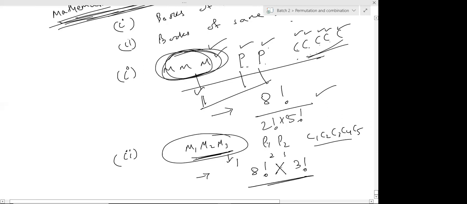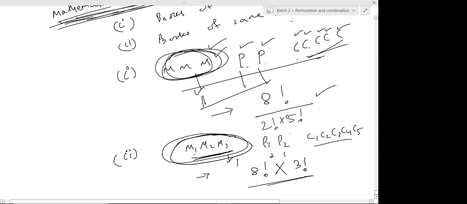Is it clear, everyone? Shaifullah, is it clear? Let's explain the second part again. You had to arrange in total 3 plus 2 plus 5, 10 books. The condition was you cannot separate mathematics books, so I kept them in a bag.